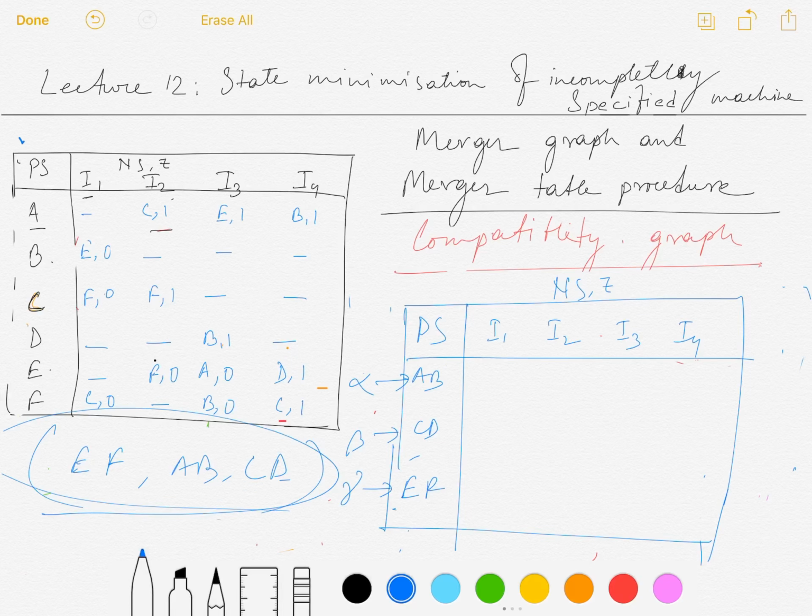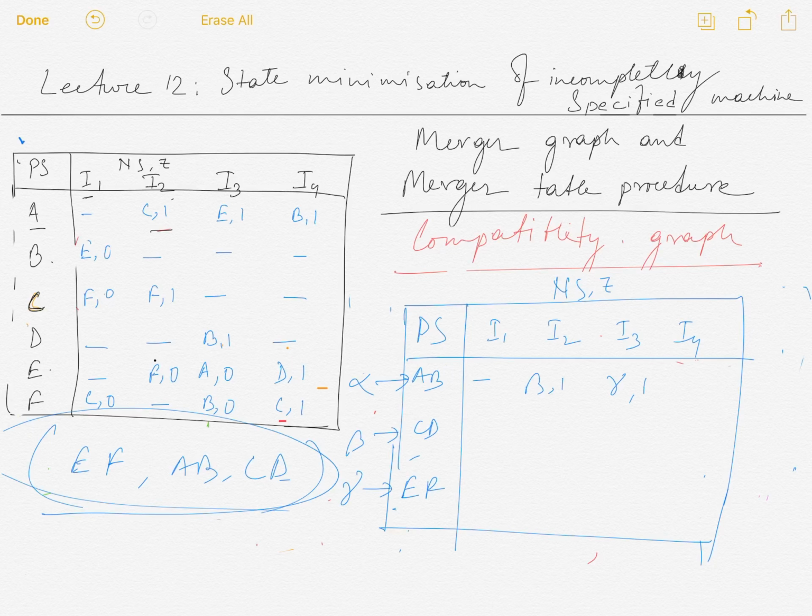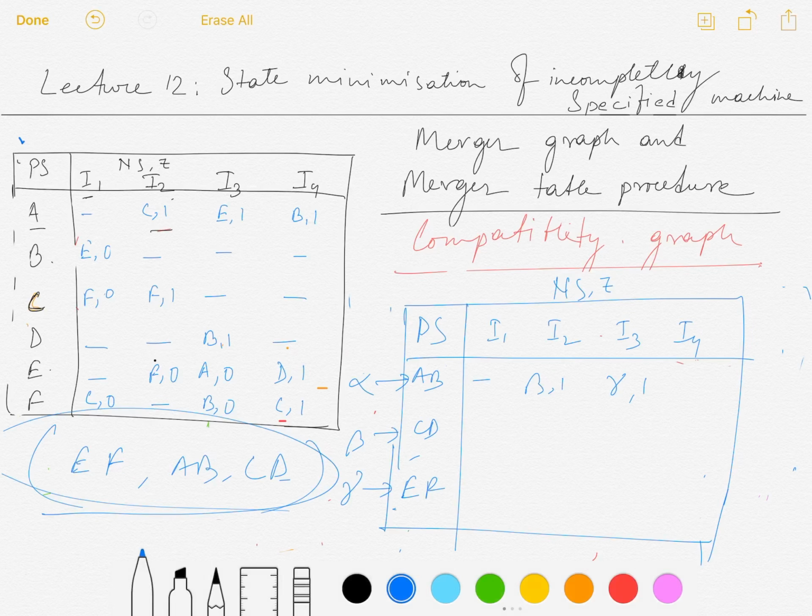Now, what will happen if I give input 1 to AB? If I give input 1 to AB, I can consider either A or B. If I consider A only, in that case it will be dash, then next one is C 1, C is beta, so it is beta 1, then E is gamma 1 and then B is alpha 1.